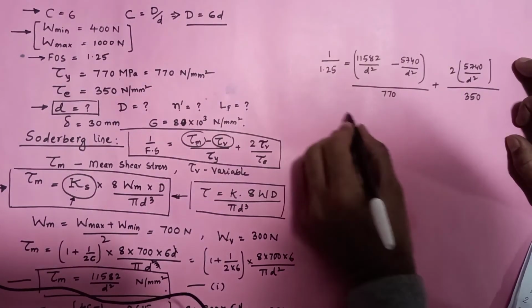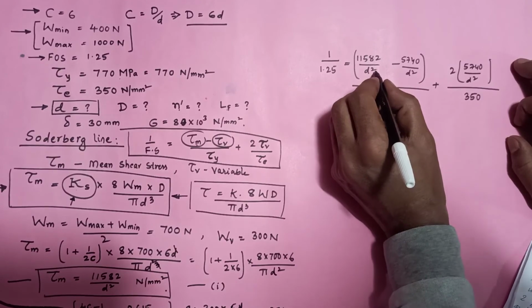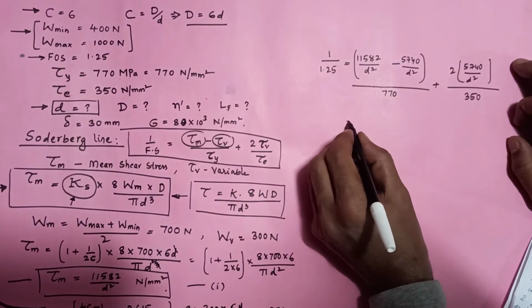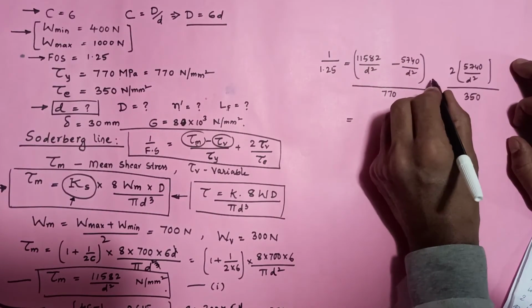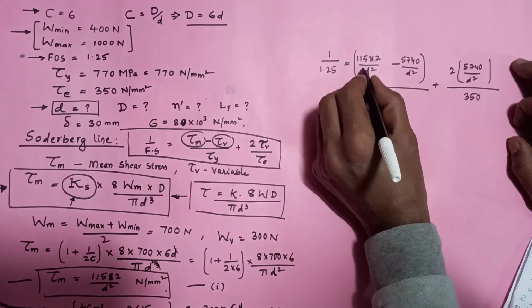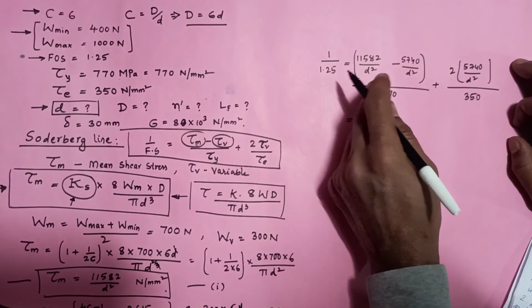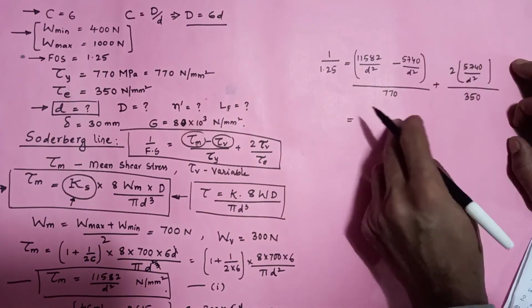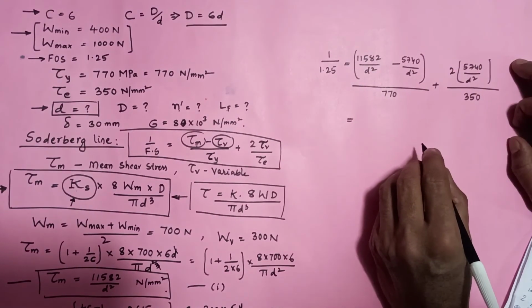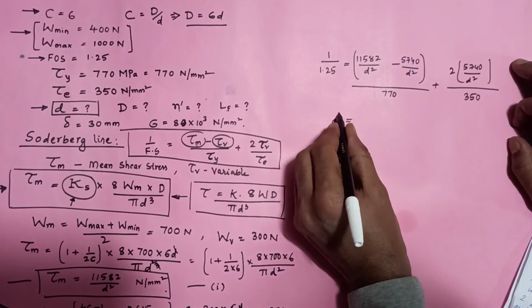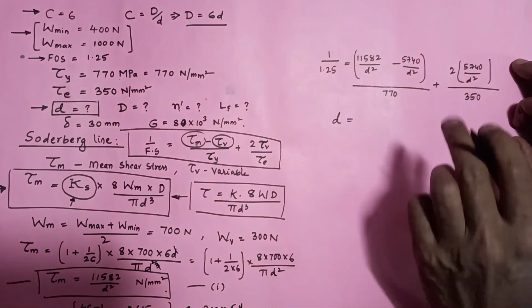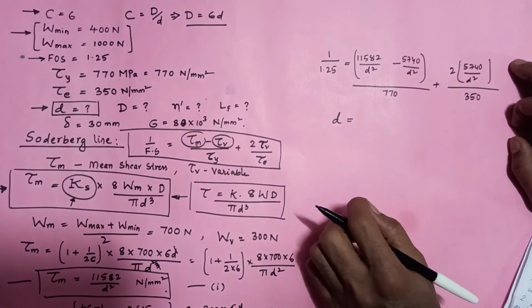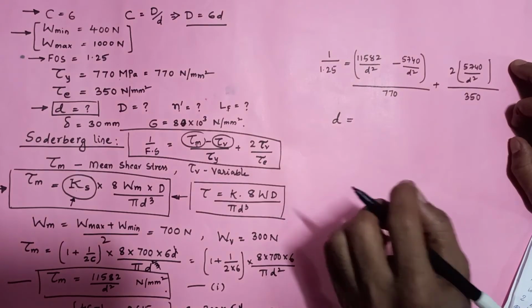Now in this entire equation, D is the unknown. You can take 1 by D square outside, then only numerical values will be there. Again here also 1 by D square you can take entirely outside. From this entire equation you need to calculate the D value, where D is the unknown.